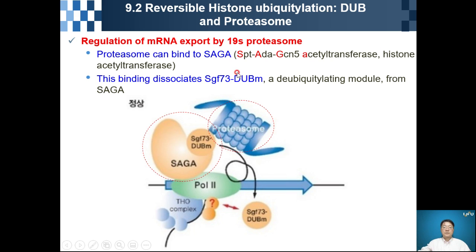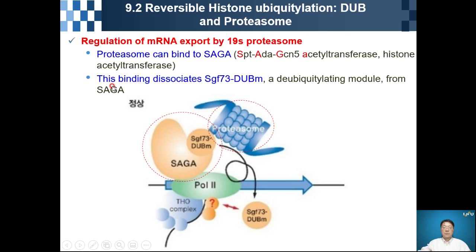The full name of SAGA is SPT-ADA-GCN5 acetyltransferase. The main function of SAGA is that it functions as a histone acetyltransferase. So this binding dissociates SGF73 and the DUBM, the deubiquitylation module.